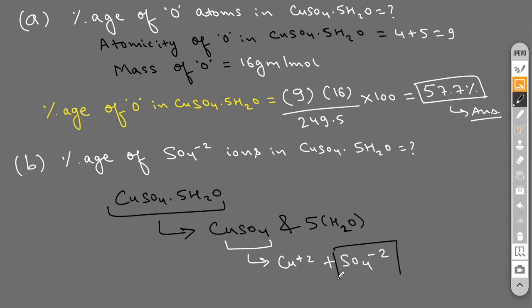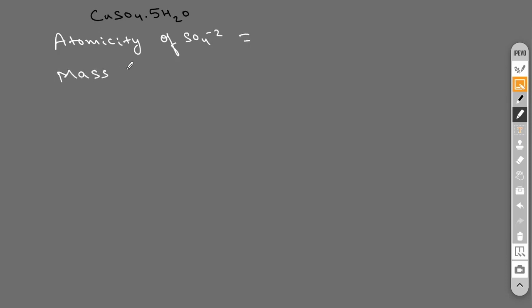For this SO4 minus 2 ion, we have to calculate the number of ions. Now moving further, we will write the atomicity of SO4 minus 2 and the mass of SO4 minus 2. Atomicity here is 1 and the mass of SO4 minus 2 is 32 for sulfur plus 4 times 16, which is 96 gram per mole, right?